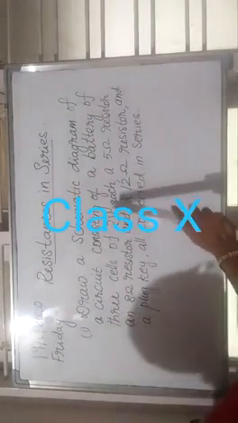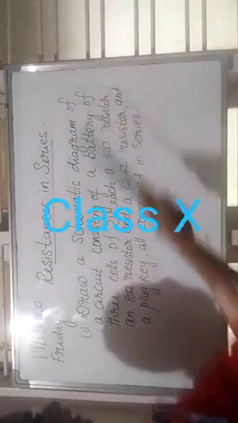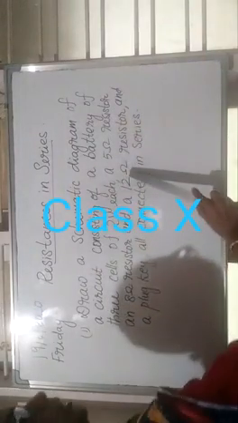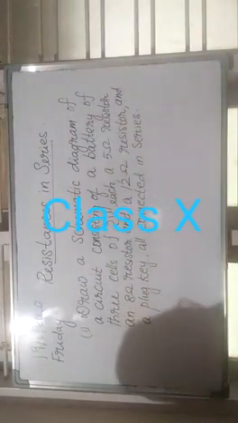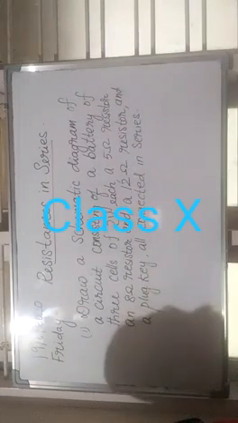And then what else is needed? A 5 ohm resistor, an 8 ohm resistor and a 12 ohm resistor. The 3 resistors are also used in the circuit. So 3 cells form a battery and 3 resistors are given.